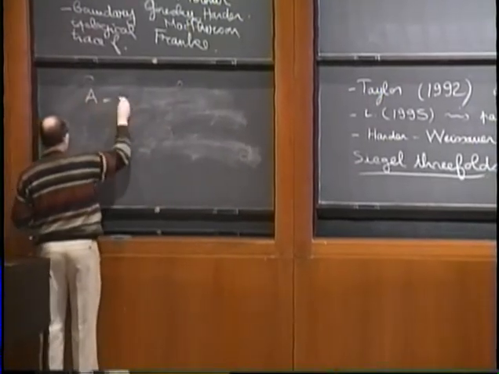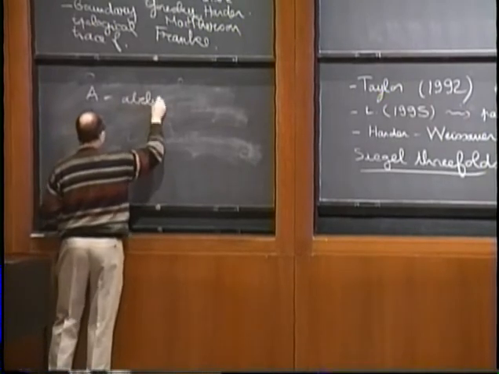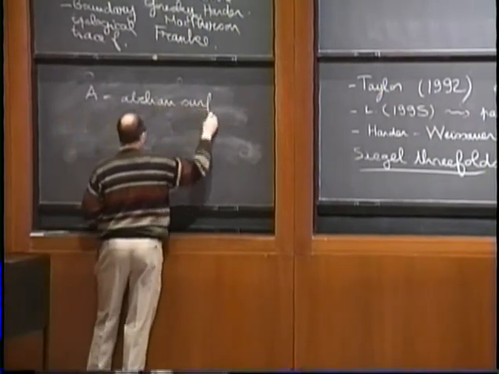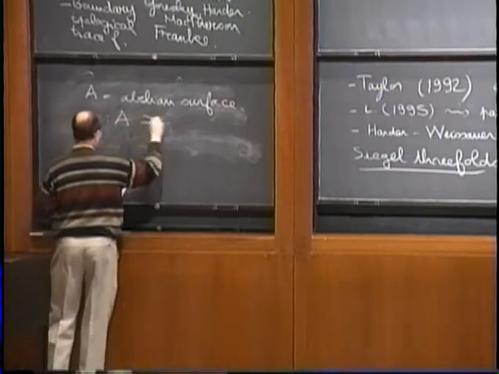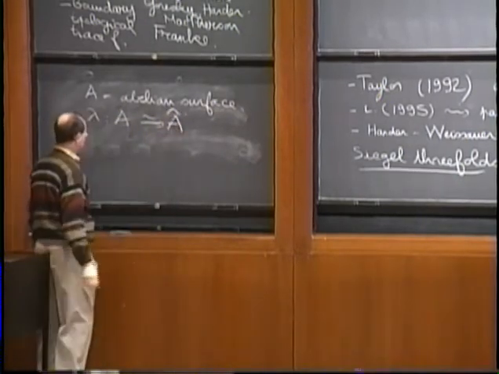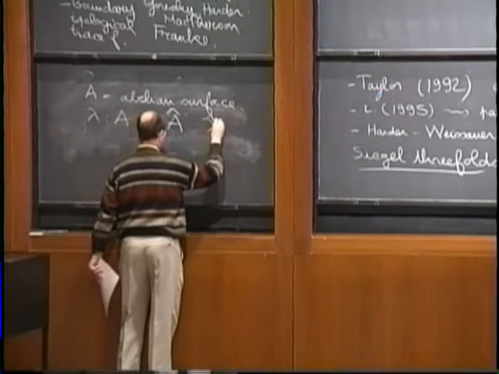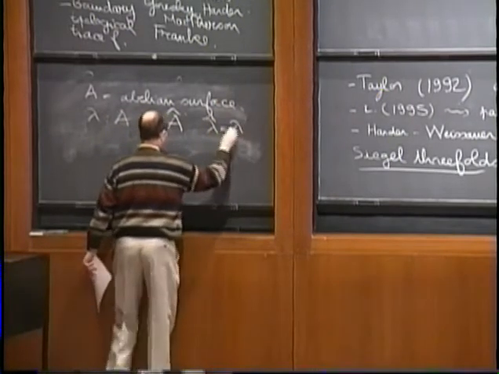So A is an abelian surface. Lambda is an isomorphism between A and the dual abelian variety such that lambda dual equals lambda.